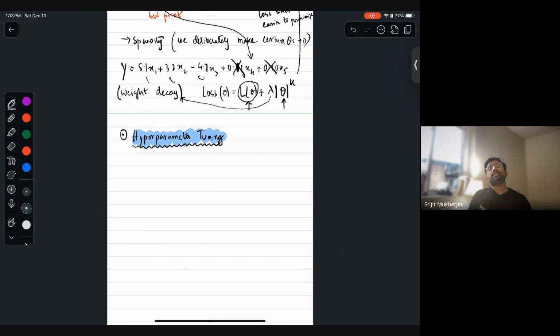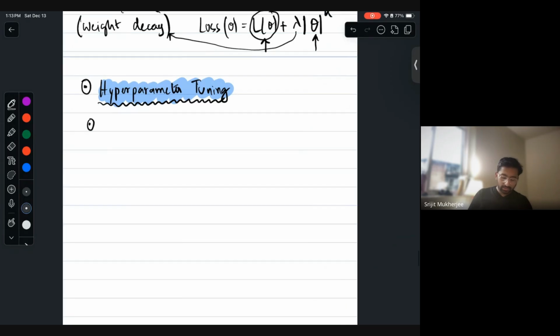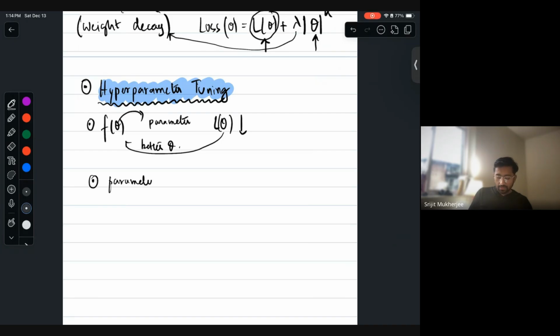So the thing is, how do you tune that? There are many different ways. So what is a hyperparameter? You know parameter, right? So this is a parameter, f of theta. And when you are minimizing this, we get a better theta. But a hyperparameter is not inside. These are parameters that are not part of the loss function.